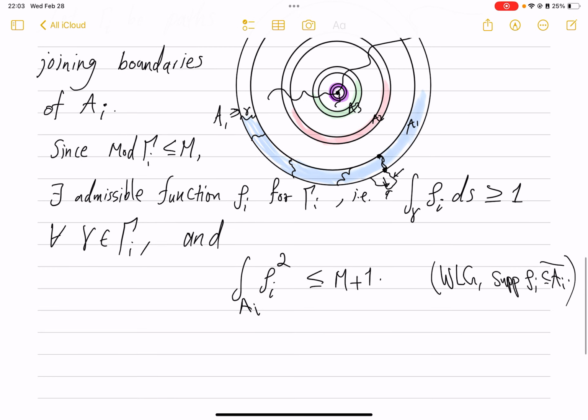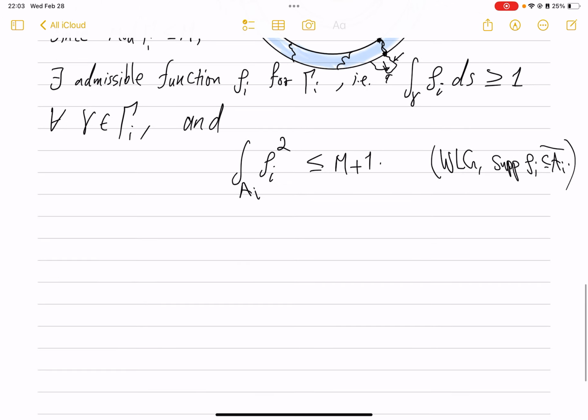Now I want to find an admissible function for the path going through the origin Z naught. And again, the problem is some paths start very close to that.